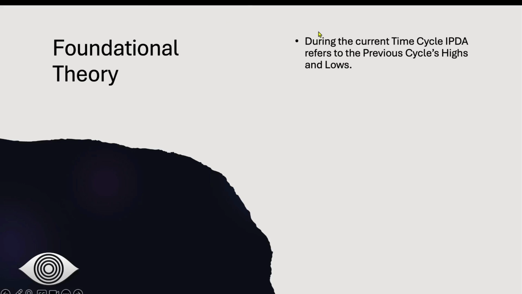During the current time cycle, IPDA refers to the previous cycle's highs and lows, meaning that during the current time cycle, we always need to look back at what the previous time cycle or cycles have done. We need to look at their respective highs and lows to determine key liquidity levels. These are algorithmic reference points that are time and price based.